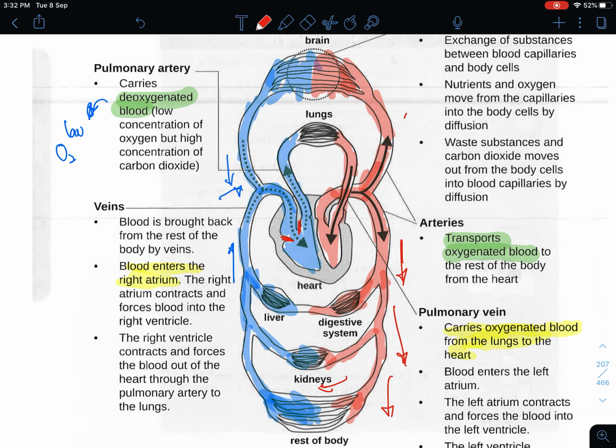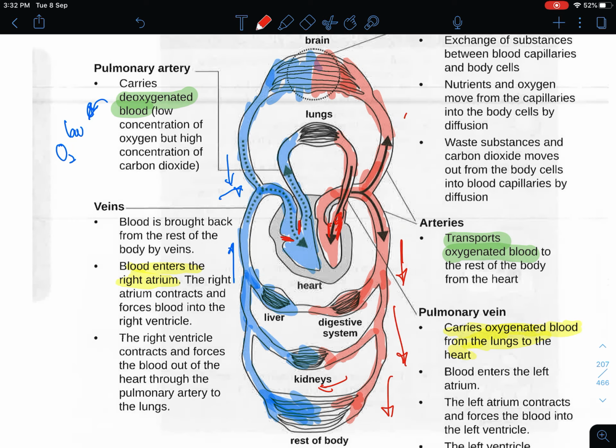So it goes to the lungs, does the gaseous exchange, and through the gaseous exchange, the blood will then be transported to the pulmonary vein and back into the left atrium, which is located somewhere here. This will then allow the left atrium to contract, and when your left atrium contracts, it will pump blood to your left ventricle, resulting in your bicuspid valve, which is located in this region here, to open.